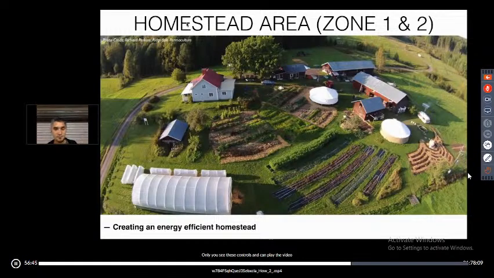So, and here I'm going to talk about creating an energy efficient homestead business, because again we are all about saving time, saving energy, saving money in that sense by making the right decisions in the design phase, so we make our life easier and our farm resilient, and that's the whole point of creating a resilient farm with permaculture design principles.